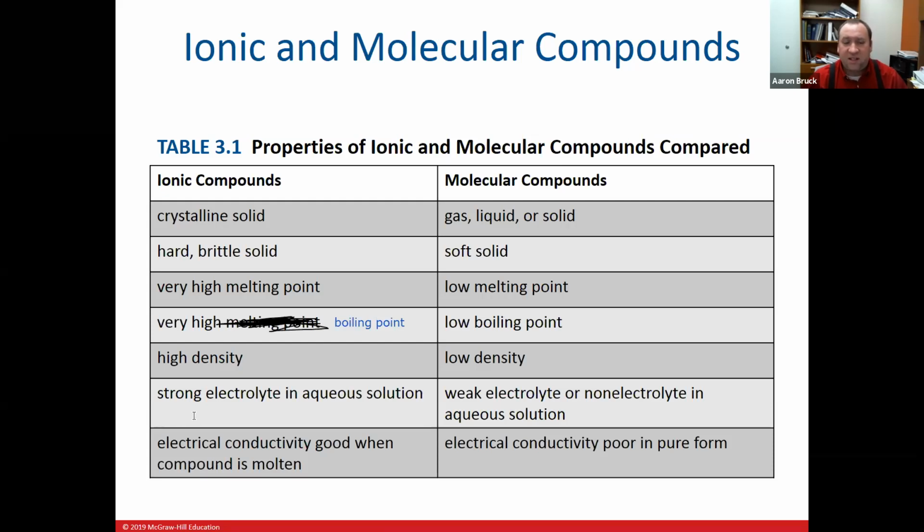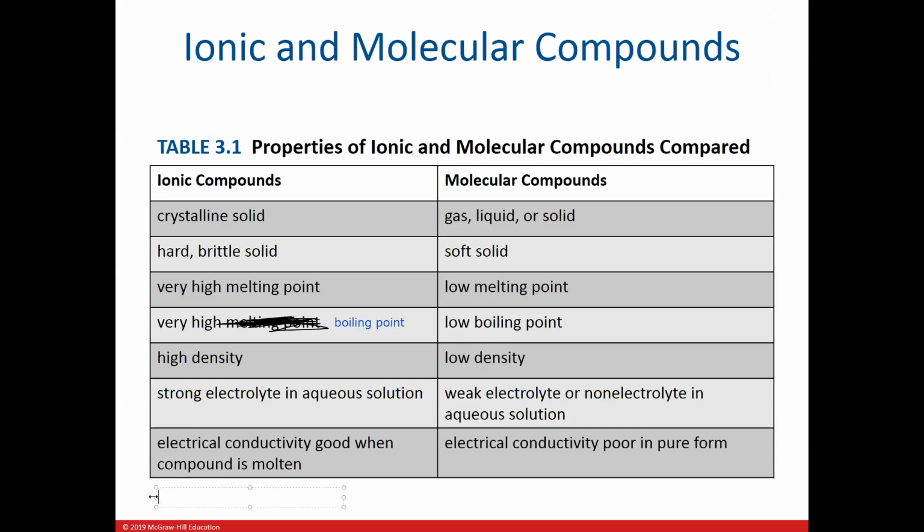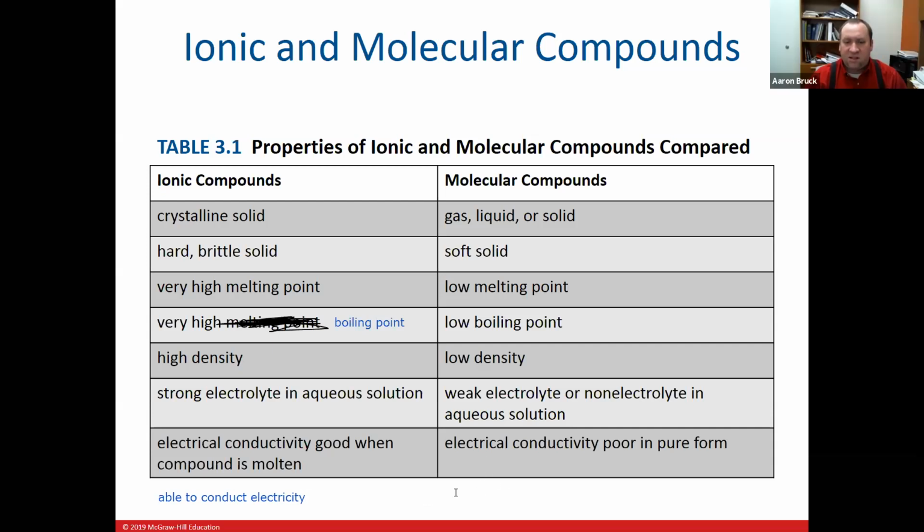And so what we see is that solutions of ionic compounds are capable of conducting electricity, both when dissolved in water and when they are melted. Whereas molecular compounds are unable to do so.